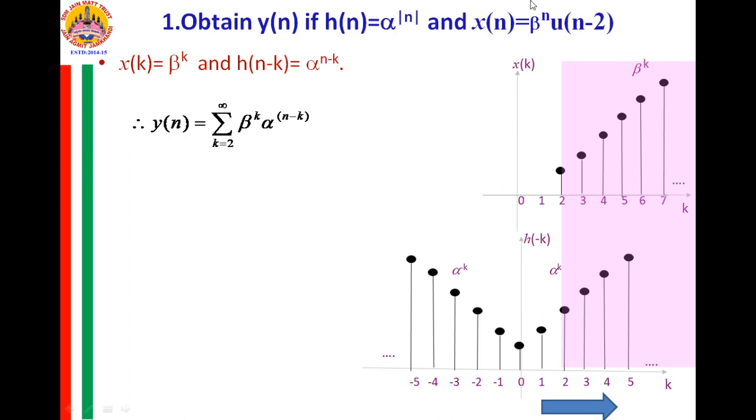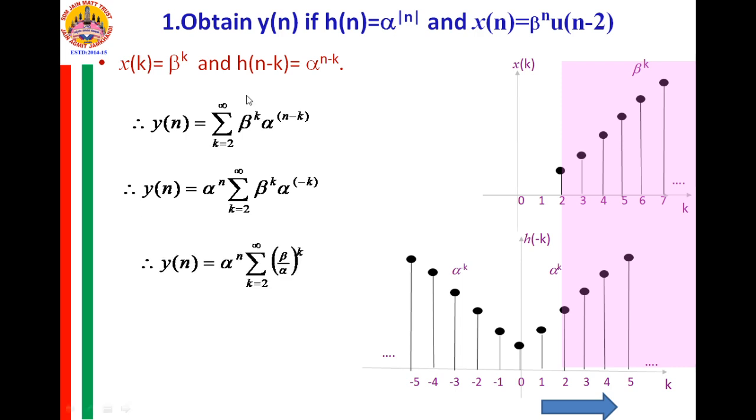So take common outside of this summation alpha raised to n, which is not a variable of k, and you'll remain with alpha raised to minus k here, and this beta raised to k into alpha raised to minus k shall be written as beta by alpha. So this summation k from 2 to infinity is beta by alpha raised to k.